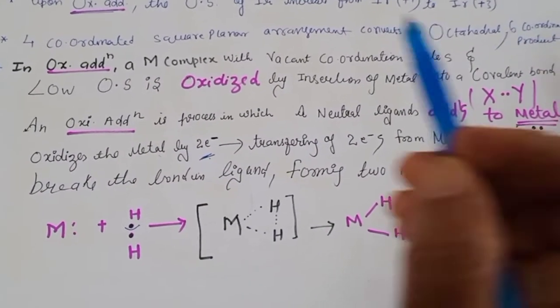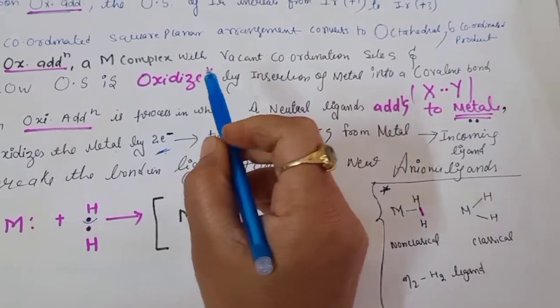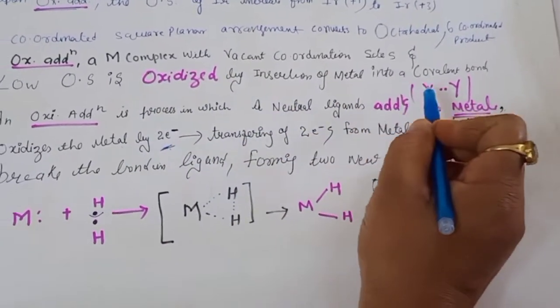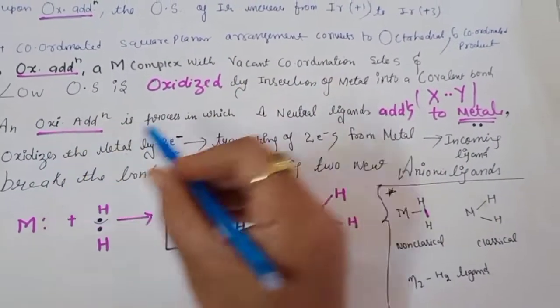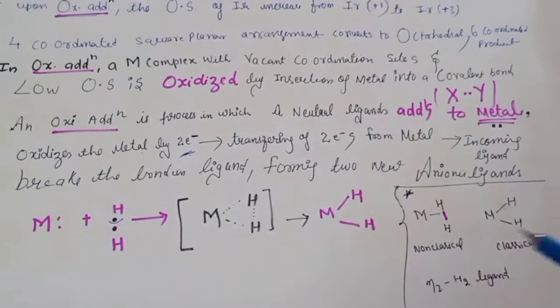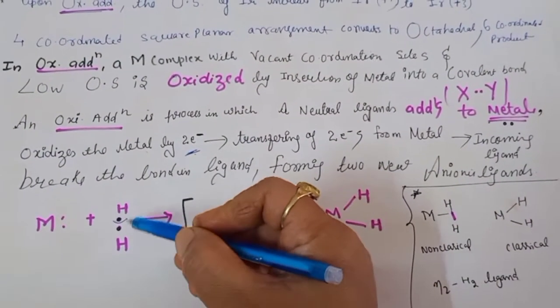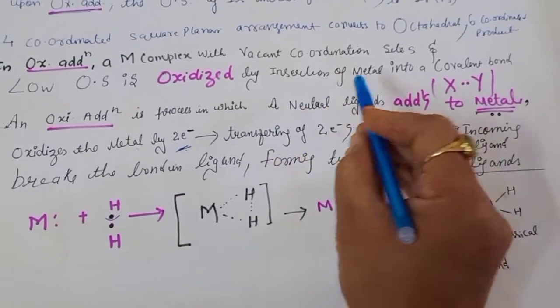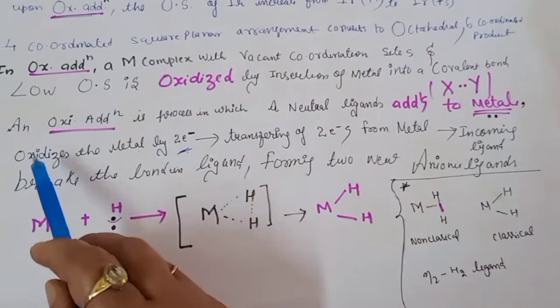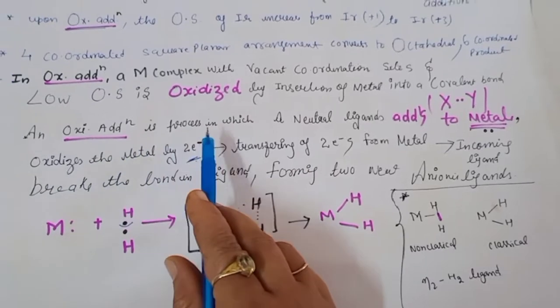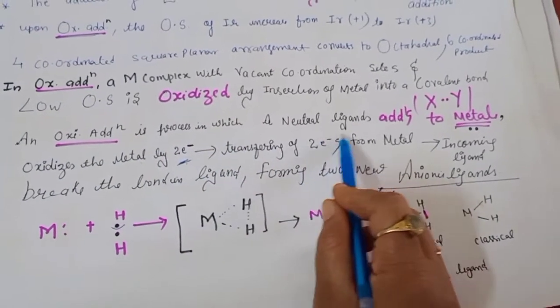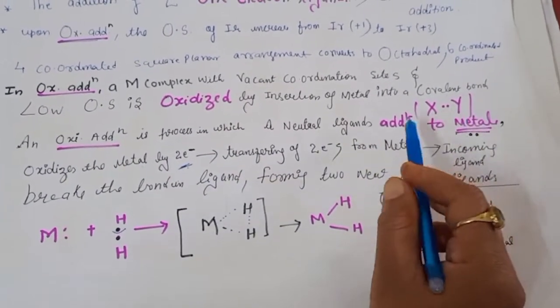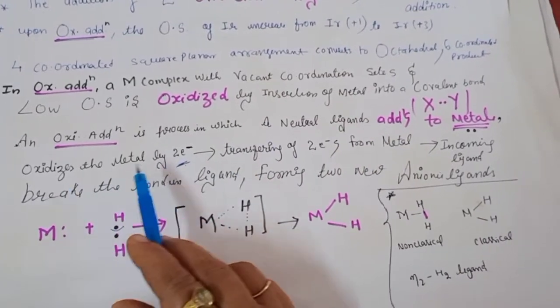The low oxidation state metal is oxidized by insertion of the metal into the covalent bond. Previously the hydrogen, H-H, has the covalent bond. So the insertion of a metal into the covalent bond, and an oxidative addition is a process in which a neutral ligand adds to the metal and oxidizes the metal by 2 electrons.